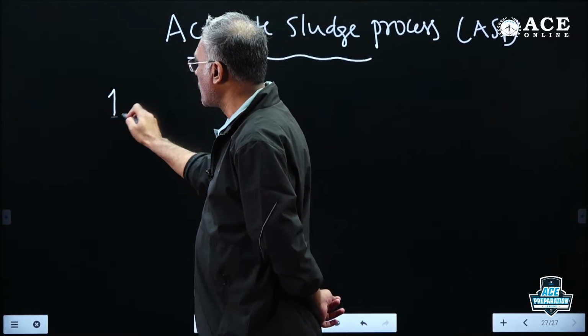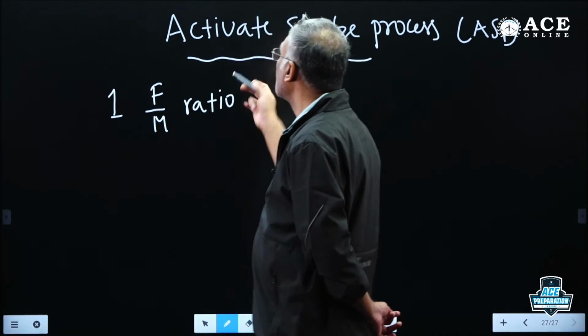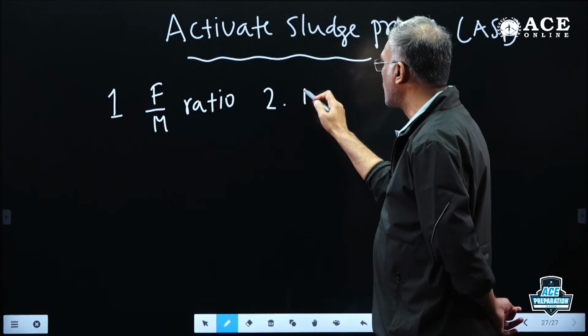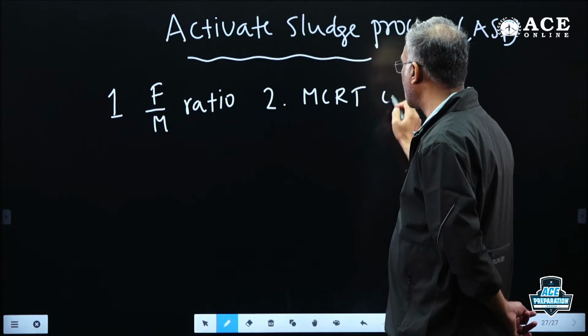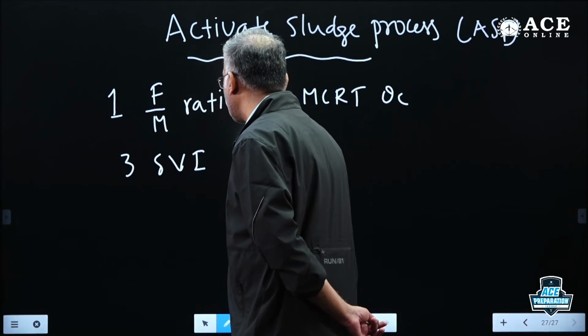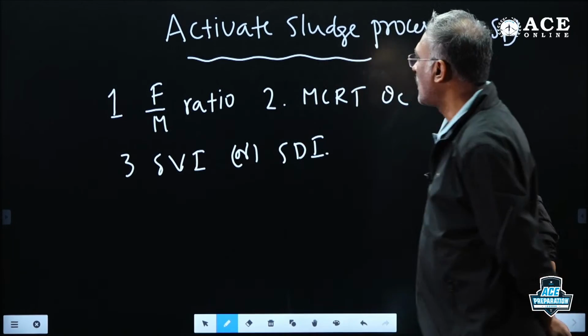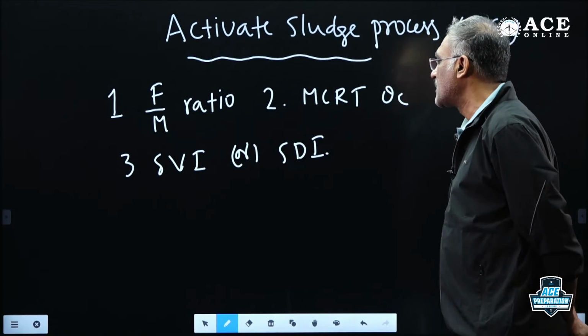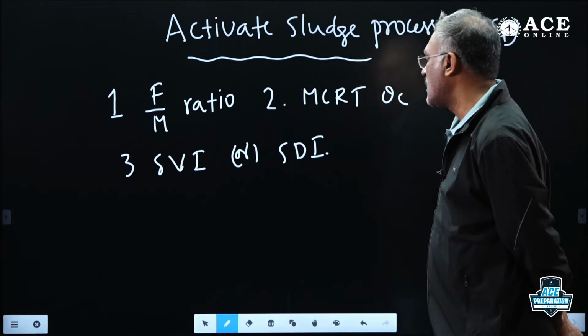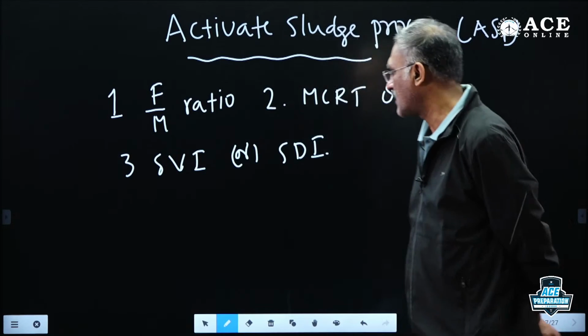So the formulas you have to remember: F by M ratio, mean cell residence time theta C, then sludge volume index. These three are very, very important. Nowadays they are asking sludge density index also, a couple of times in GATE exam. If you know how to work out these parameters, that is more than sufficient in the activated sludge process, okay?